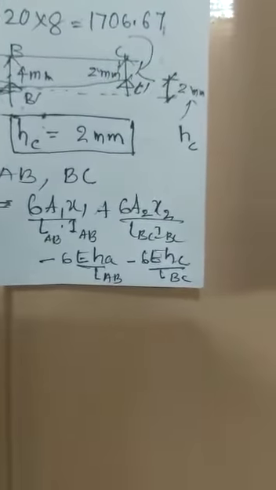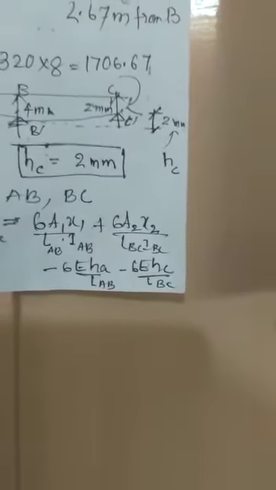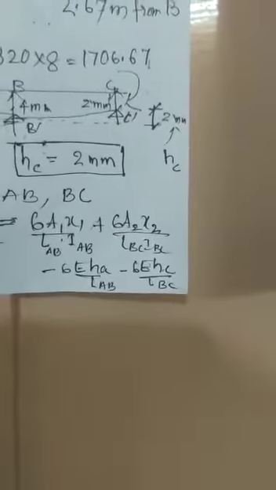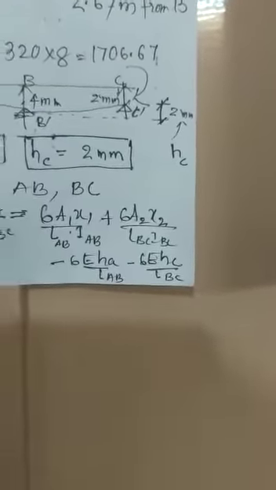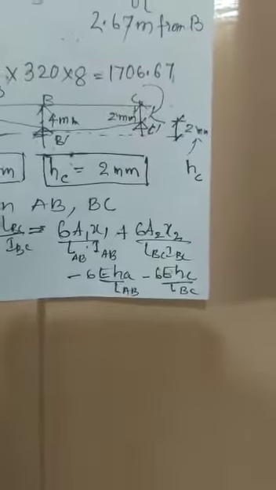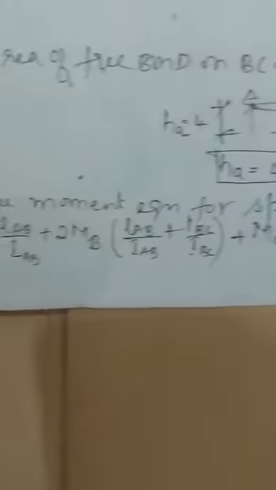In this equation, you have to substitute for HA and HC as plus if A and C are above B, that is, if the end supports A and C are above the interior support B. So there is no problem in substituting for the LHS.